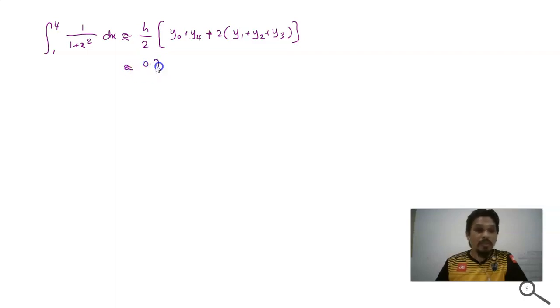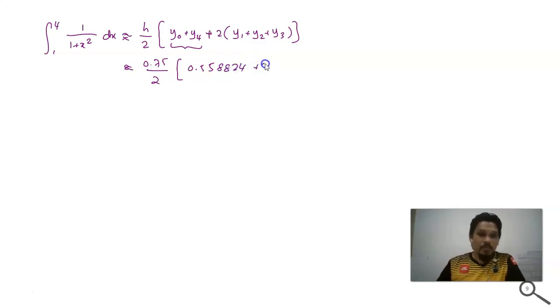It is 0.75 divided by 2, times 0.558824, plus 2 multiplied with the summation just now, which is 0.470571.